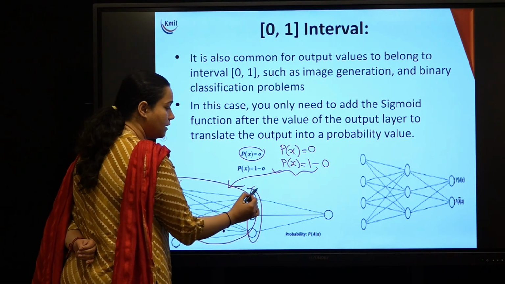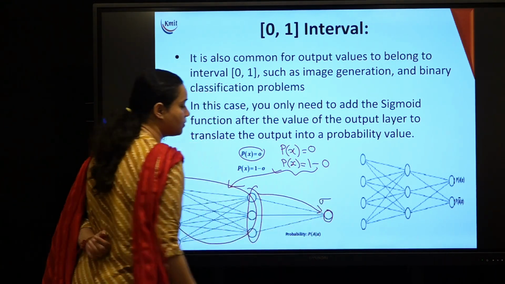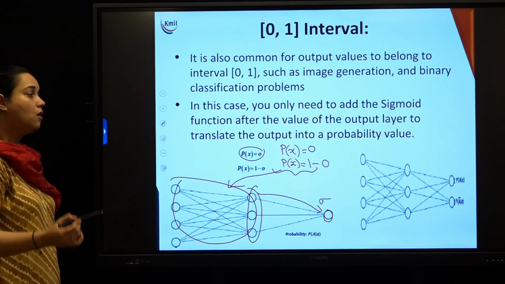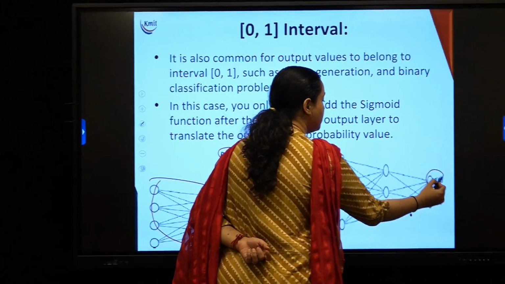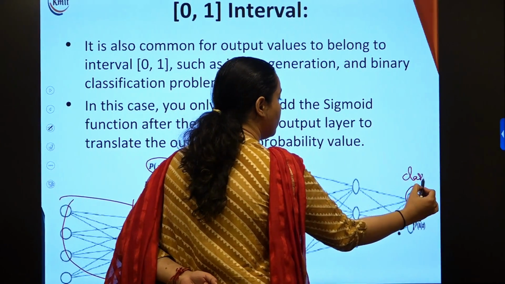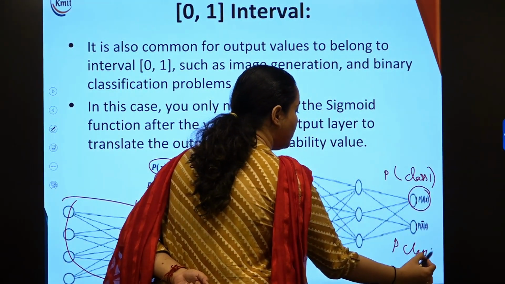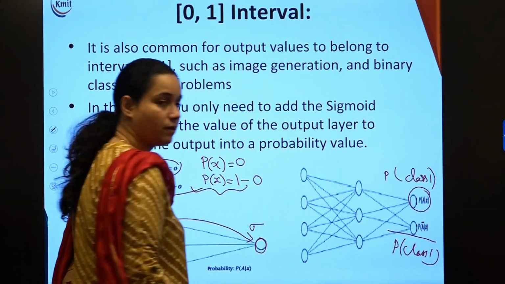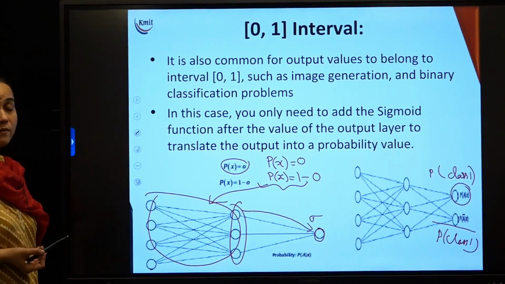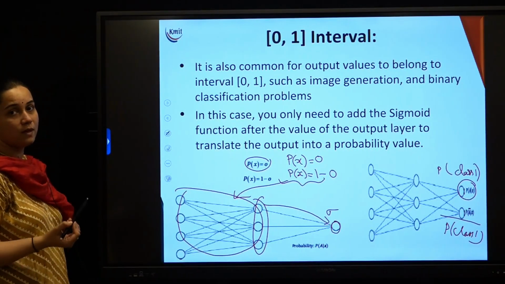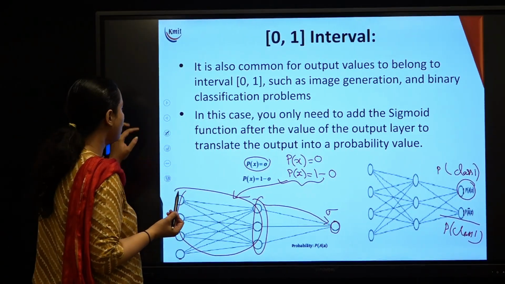After you calculate the output, all of these go to a single node wherein the activation function is sigmoid and it produces the output. Or else you can keep two nodes at the output, where one is the class 1 probability and the other is the probability that it is not class 1, which I am writing with a bar. Any of these is okay. So if you have an interval of 0 to 1, you can very well go with a sigmoid function as an activation function for your output layer.